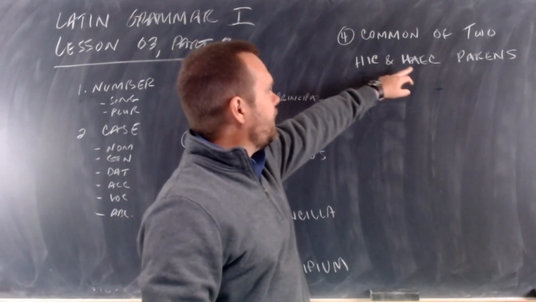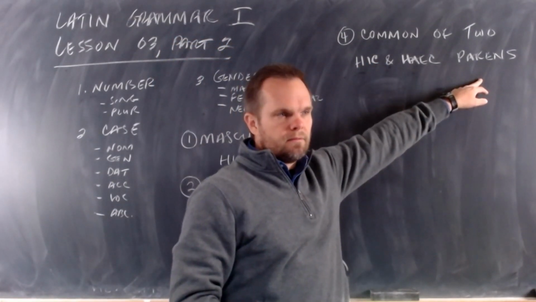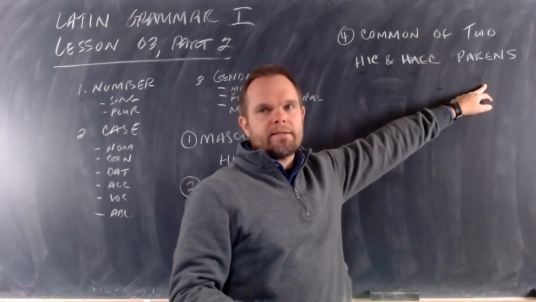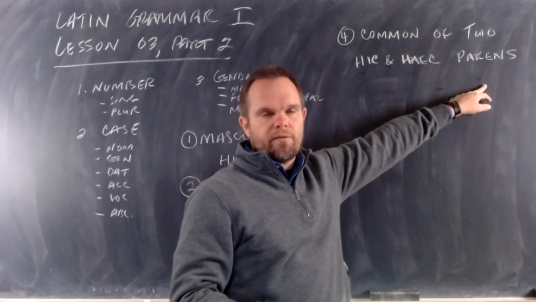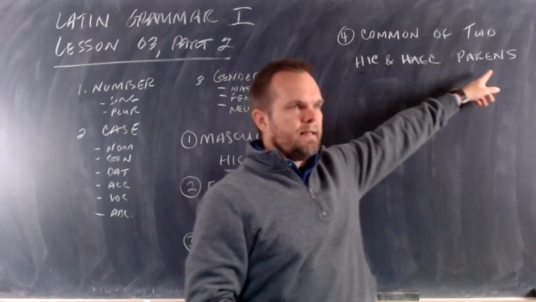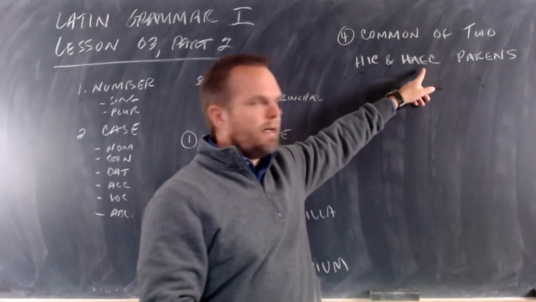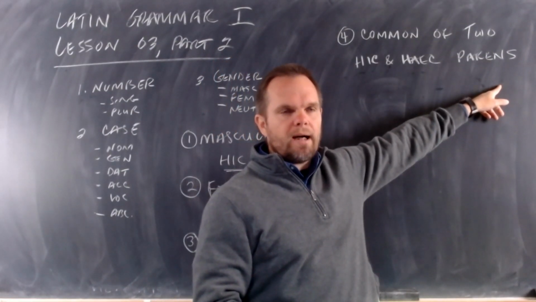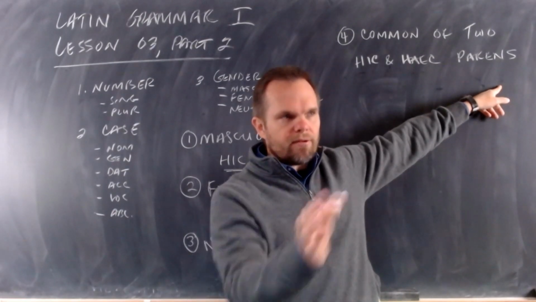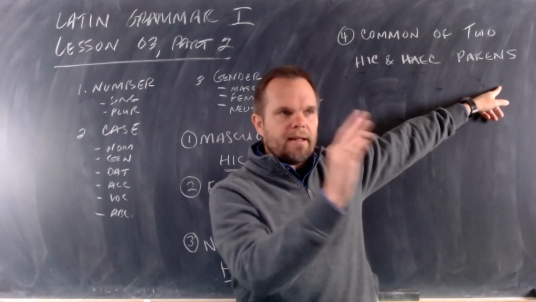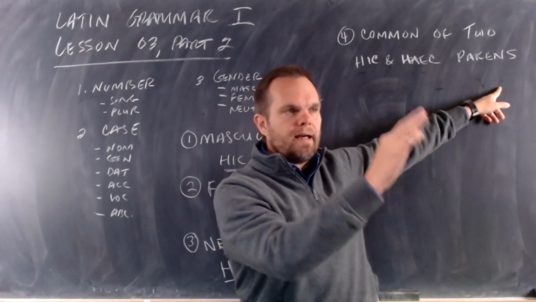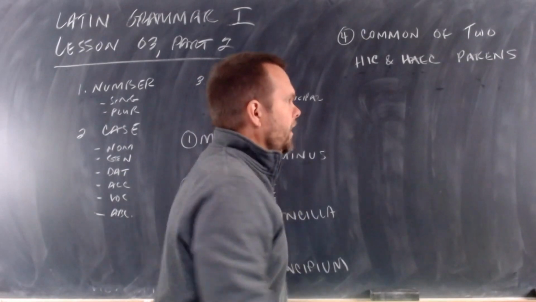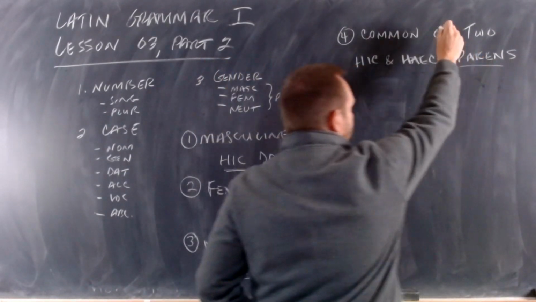Hic et haec parens. Parens in English means parent. A parent can be a male or a female. The father would be hic parens. The mother would be haec parens. But the word parens refers to both, either. The same name is used to name the male and the female. Hic et haec parens. How do we know that parens is common of two?